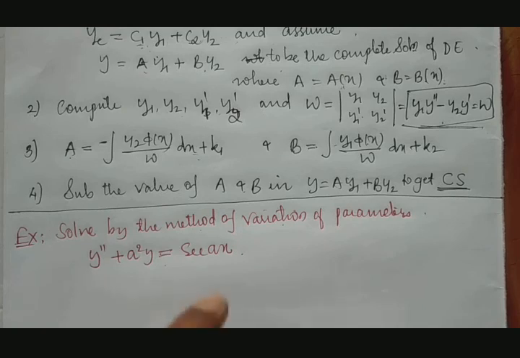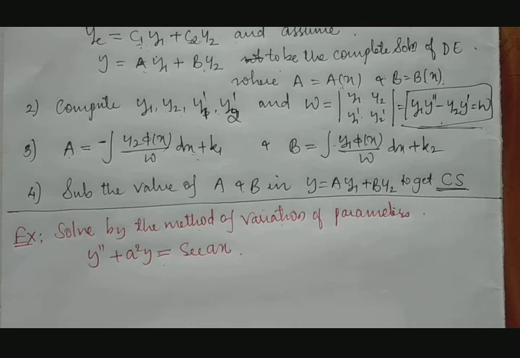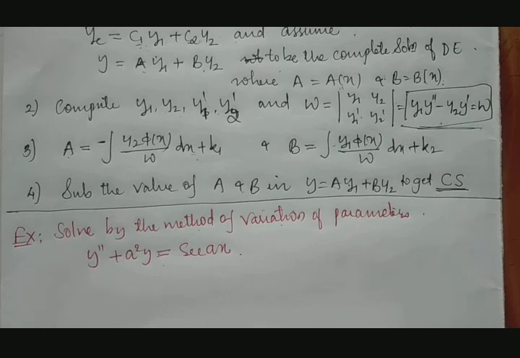No. Here sec ax is trigonometric, but it is not of sine and cos format, so it is not possible to solve by previous methods. So the only way is the method of variation of parameters.